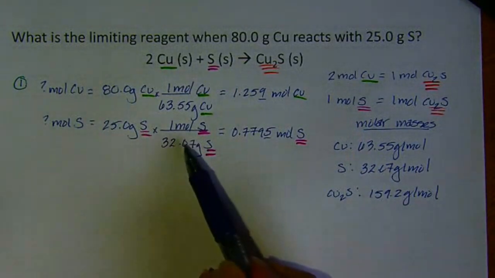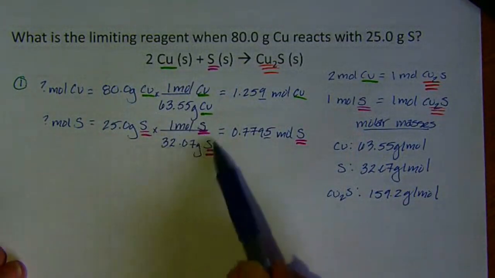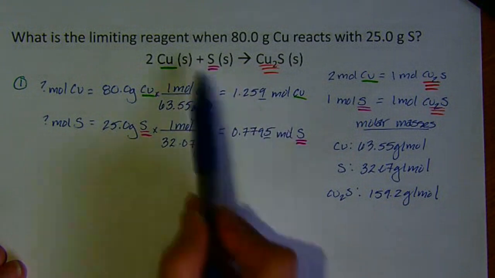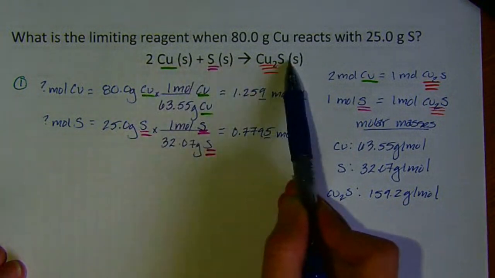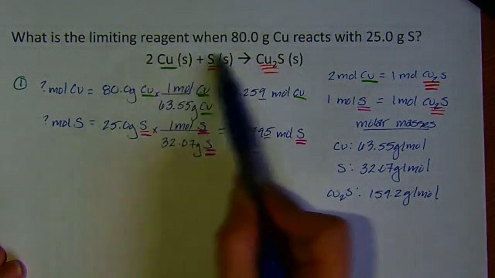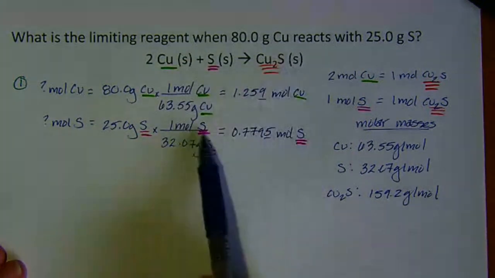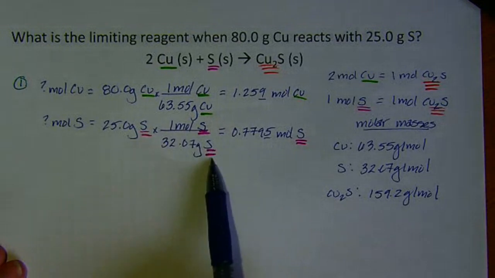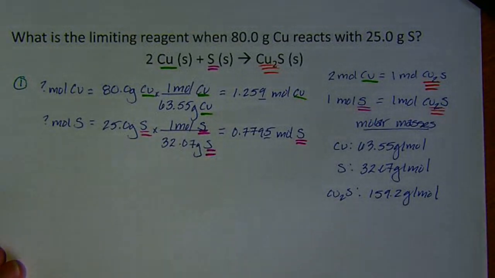It's important to note that we haven't changed anything about how we use molar mass. The coefficients in my balanced chemical equation have no influence on my molar masses. If you're struggling with using molar masses, take a look back in chapter 3.